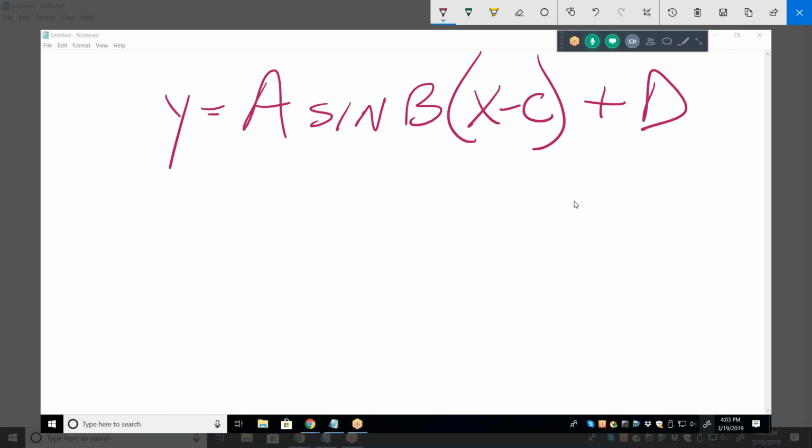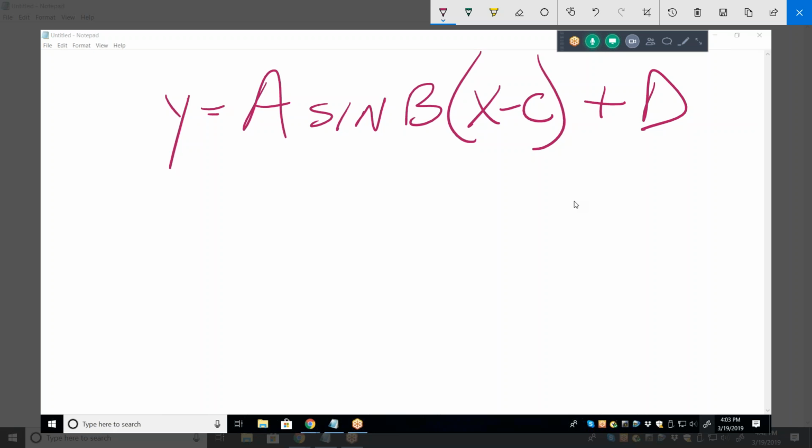Well, D is clearly the vertical shift, correct? C is the horizontal shift. A is the vertical stretch. And B is the horizontal stretch or shrink.